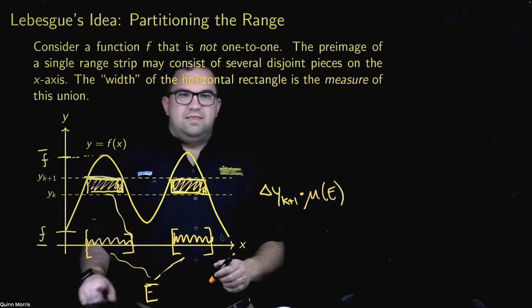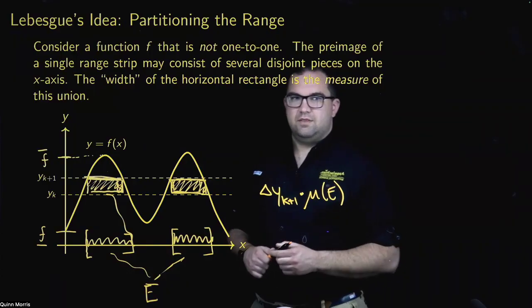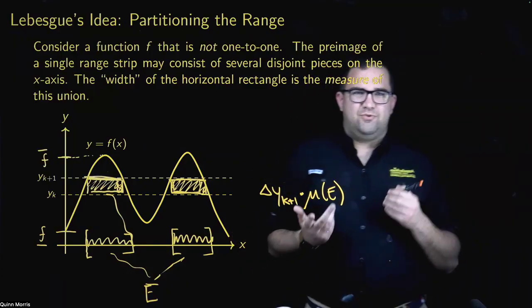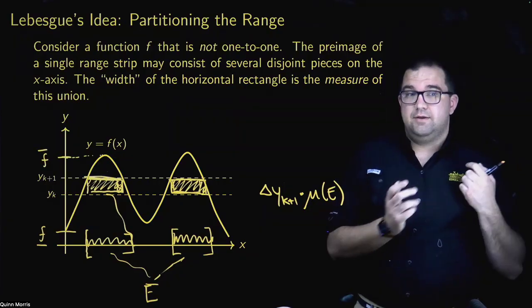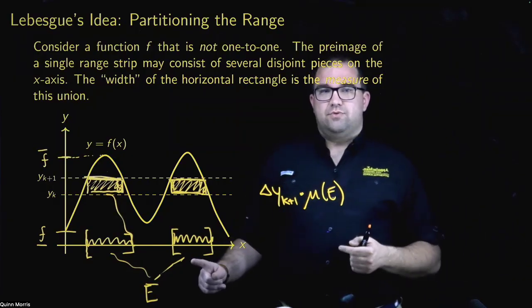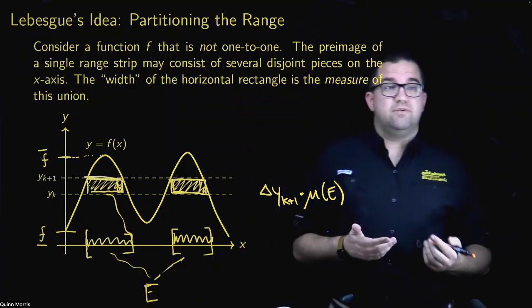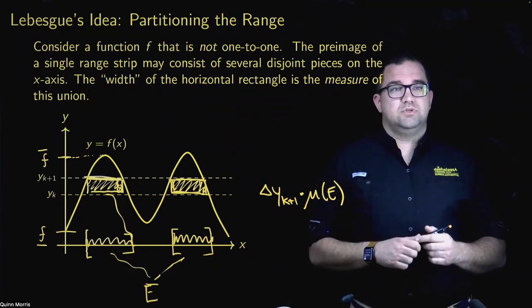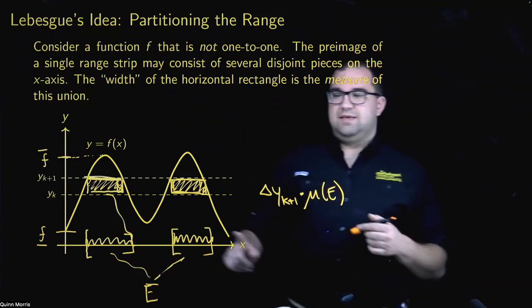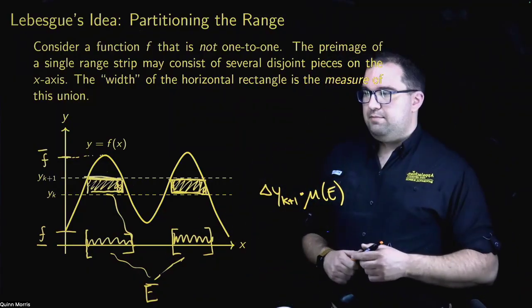Now, if I look at this set E, the first question I have to ask is, do I even know that E is measurable? It's just a set. For this particular case, it appears that E is the union of two intervals. Intervals are always measurable, and the union of measurable sets is measurable. So certainly this E would be measurable.